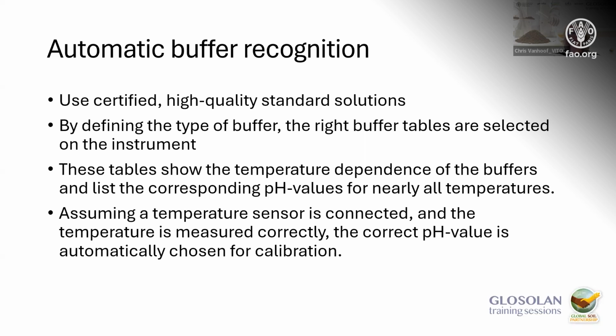For instance, a pH 4.0 at 25 degrees C differs a little bit at 20 degrees C. And then if you have an automatic buffer recognition system, the system will automatically correct for that. Of course, you have to have a temperature sensor connected so that you can automatically correct for this value.